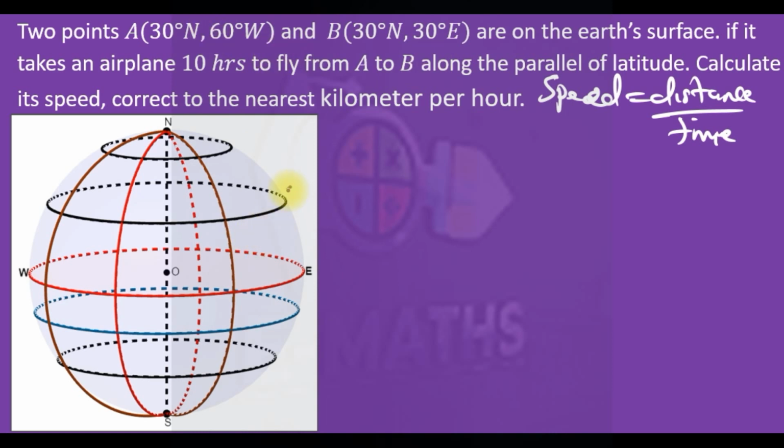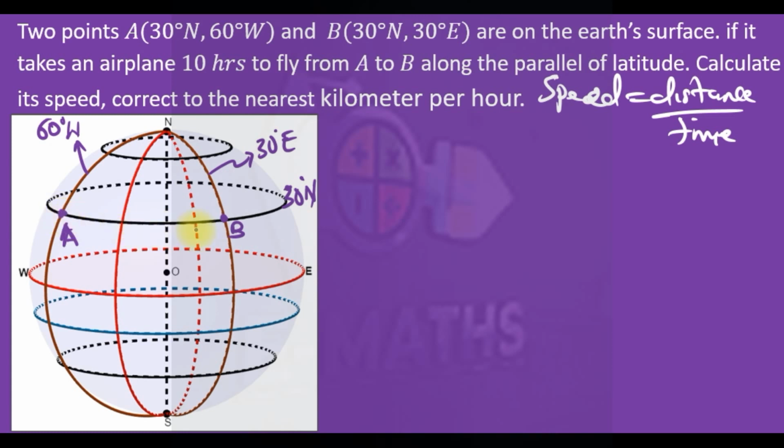So let's call this latitude 30 north. This is 60 west, while this is 30 east. So if I take this as my longitude 60 west, and this as my longitude 30 east, as you can see, both have common latitude. So this is point A, while this is point B.